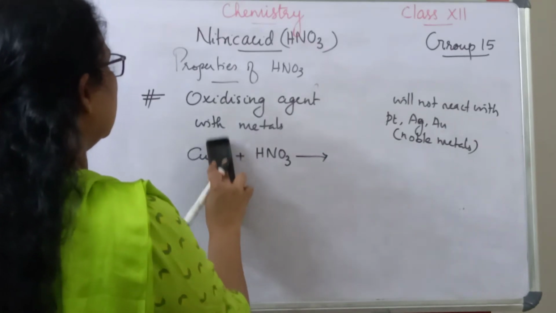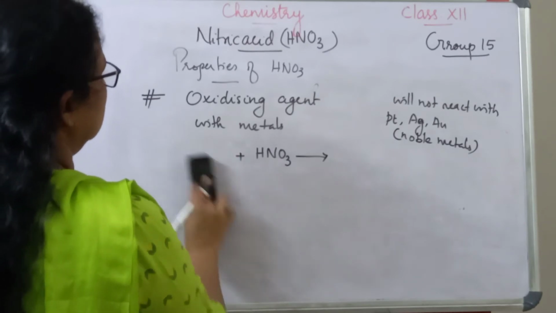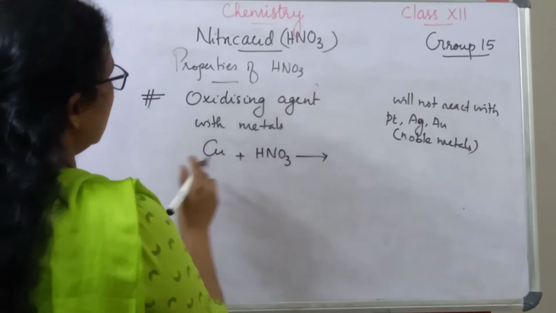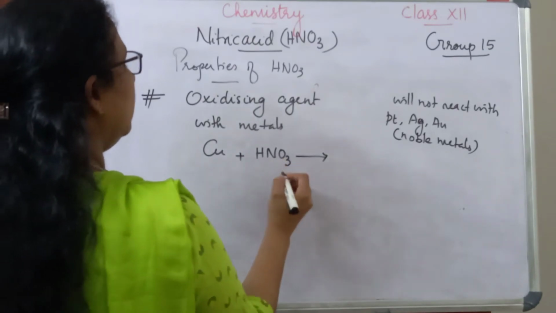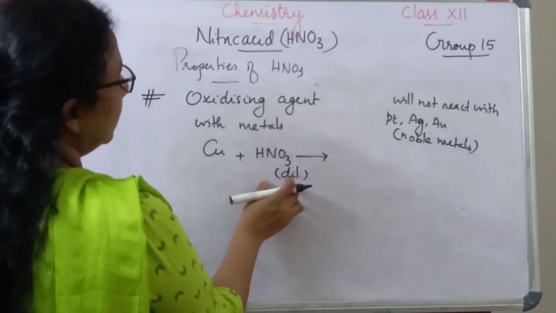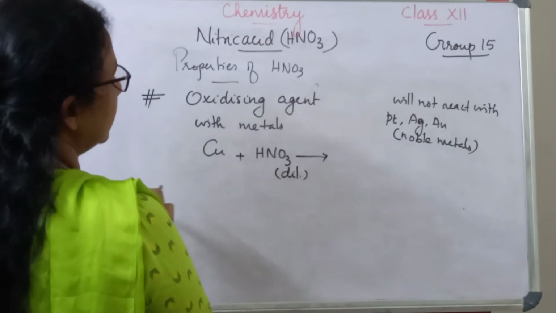Actually it is with metals, so we can write Cu. So copper metal reacts with HNO3. Here dilute HNO3 is used. That is very important. We need to check whether we are using dilute HNO3 or concentrated HNO3.